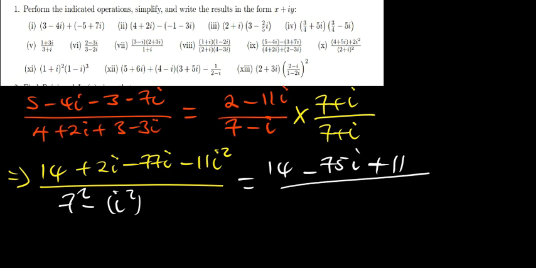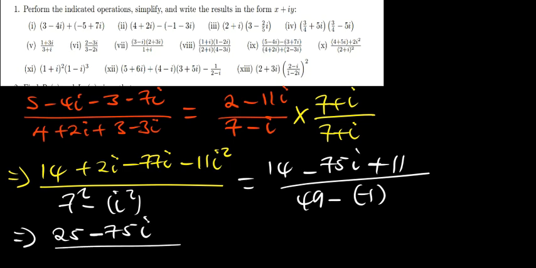I divide this by 7 squared, which is 49, minus, here I've got this negative 1 squared, and i squared is negative 1. So I'll continue from here. I'll have 14 plus 11, which is 25. Then minus 75i divided by, this is going to be 50.